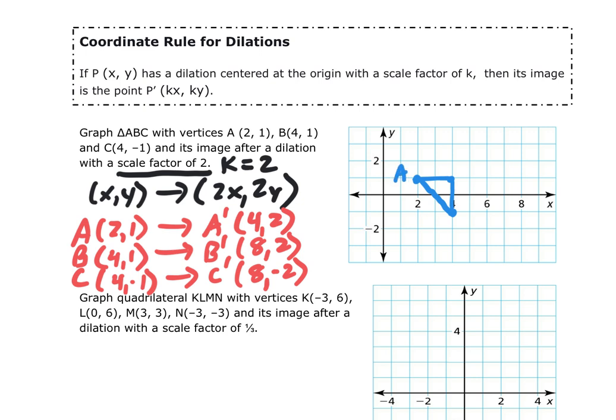This is A, B, and C. My new one is at 4, 2, 8, 2, and 8, negative 2. And this would be A prime, B prime, and C prime.